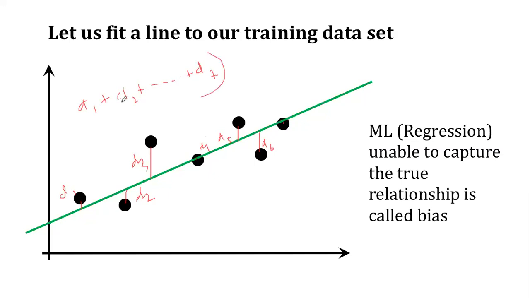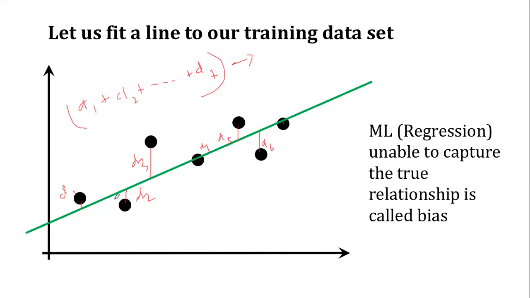we fit the line in such a way that this total distance is almost the lowest, right? To be frank, we take the square of the distance, but roughly we will say the distance.